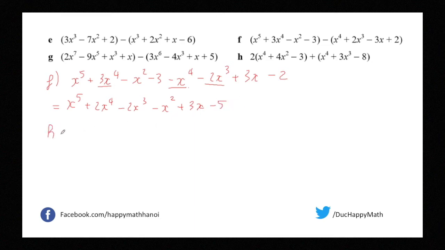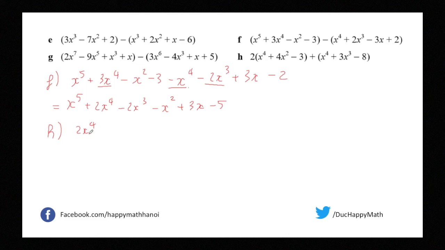And question H is very easy because the second bracket has the plus before, so that's quite easy to calculate. The number 2 stands in front of the first bracket, so when you want to break the bracket, you have to times each term inside the first bracket by 2.